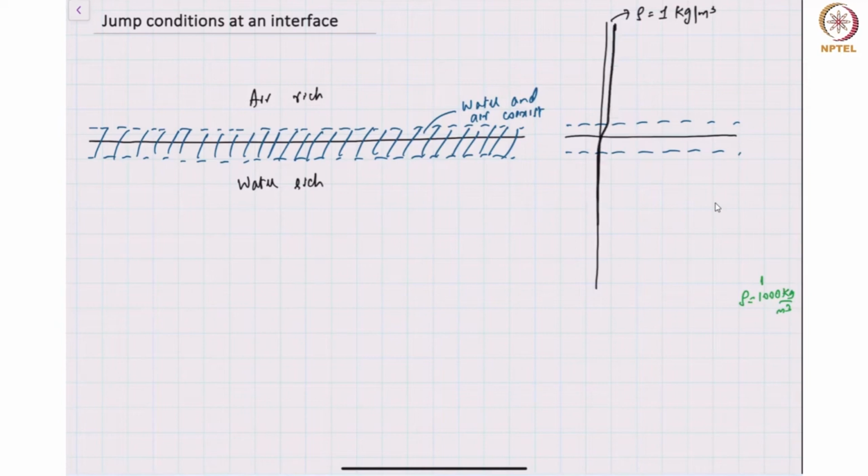This will be the plot of the density of air. Similarly, if I plot the density of water, it's practically 0, then it rapidly increases here, and then it is practically constant.